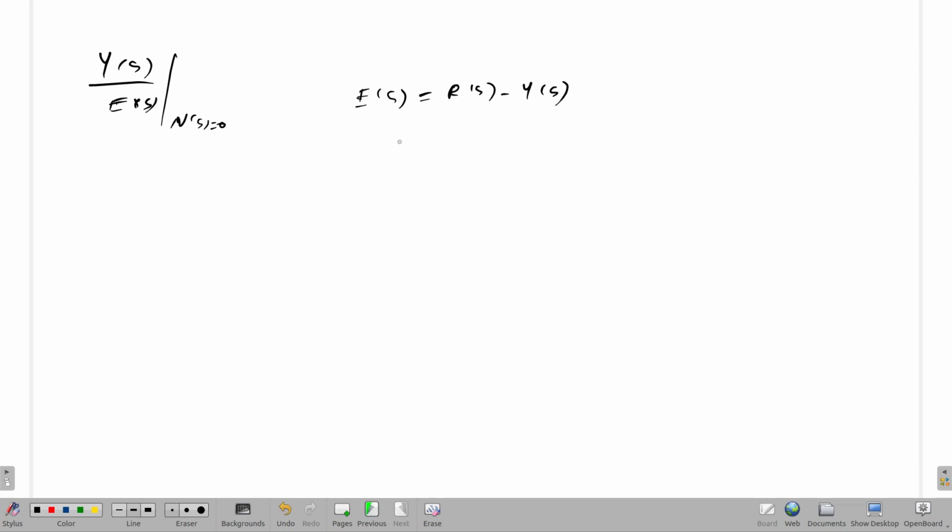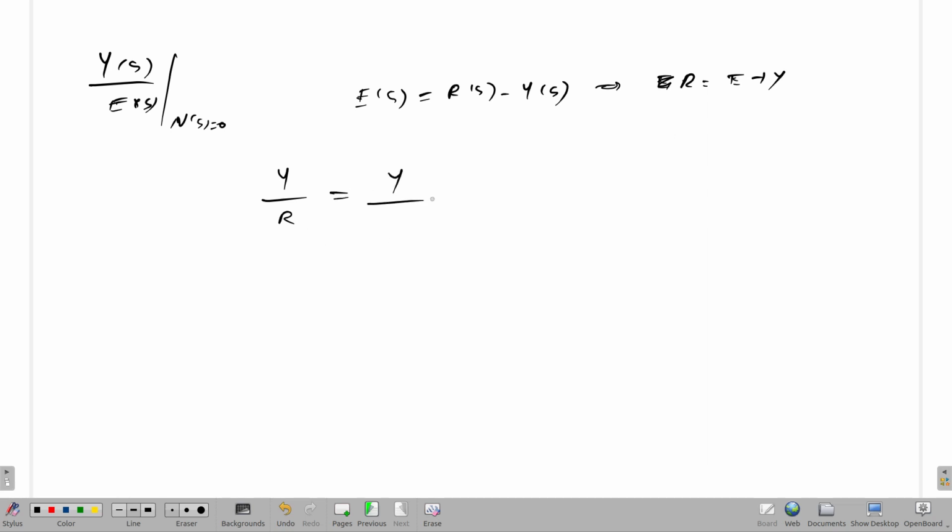Now you already have Y by R. You can substitute this, which gives R equal to E plus Y. You can put it here.